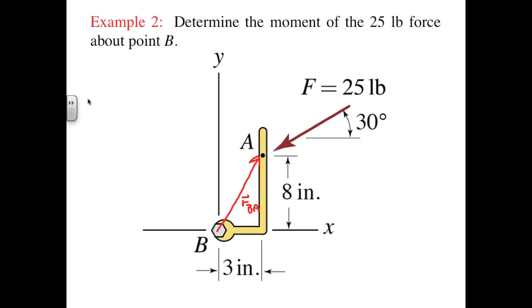and we could say that M is equal to RBA cross F, which is 3I plus 8J inches.